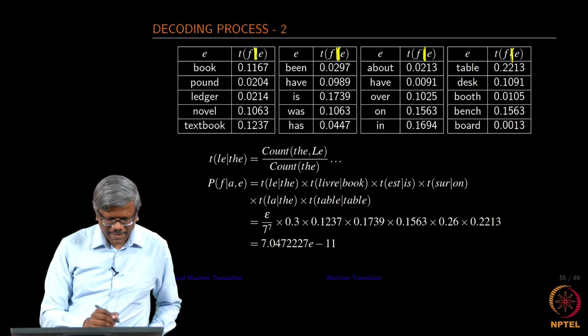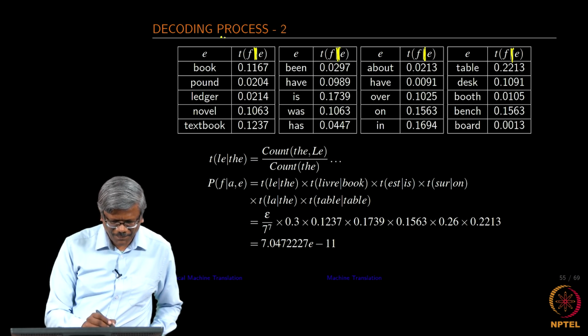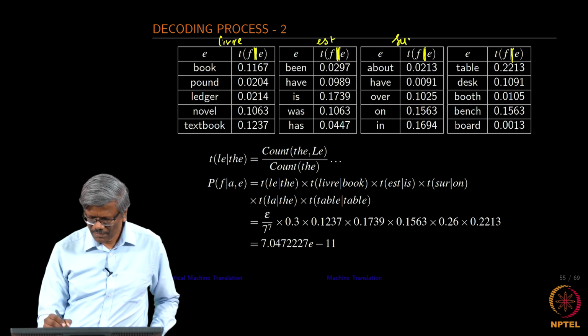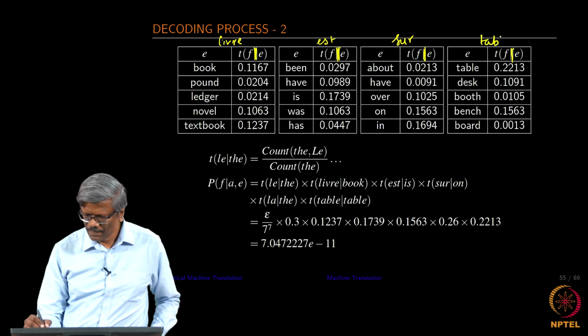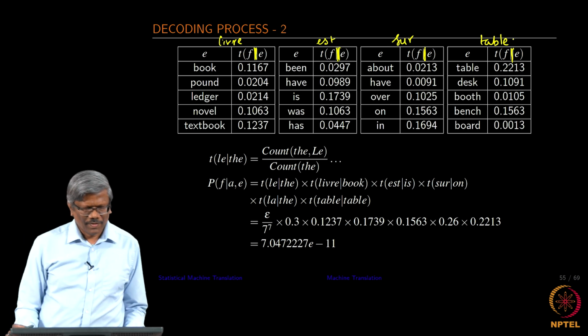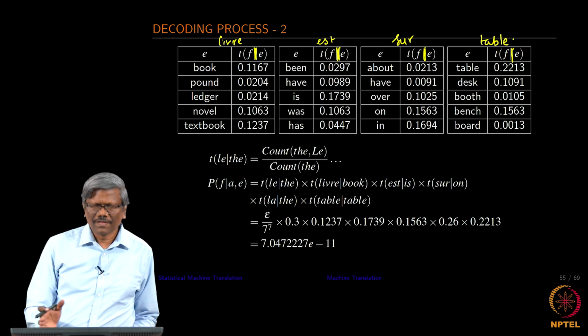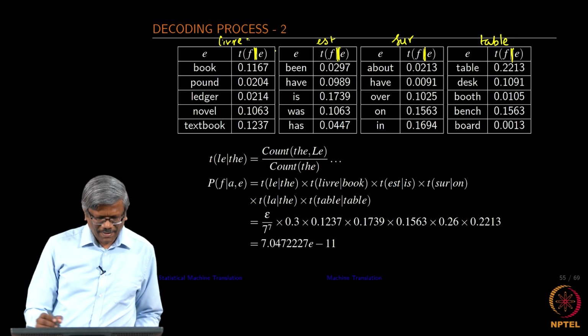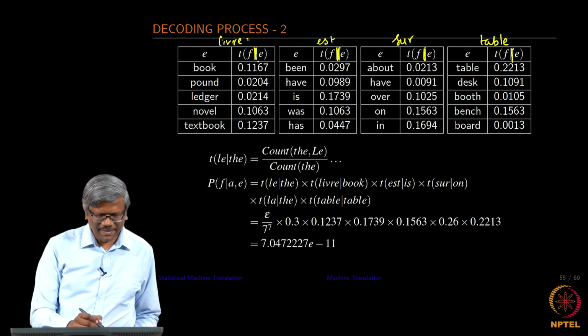Okay. So, what we have is tables partitioned in this fashion for each one of the French words. And then we have the translation probability that we have computed.